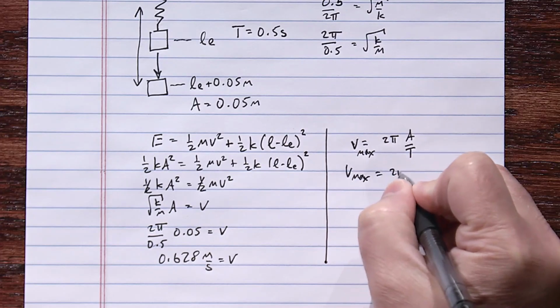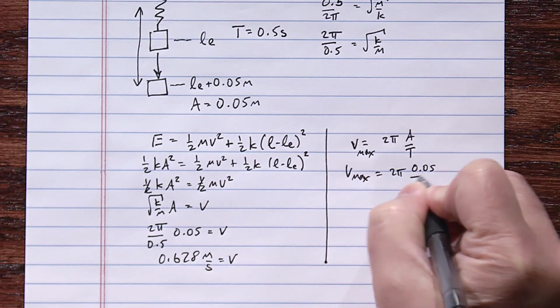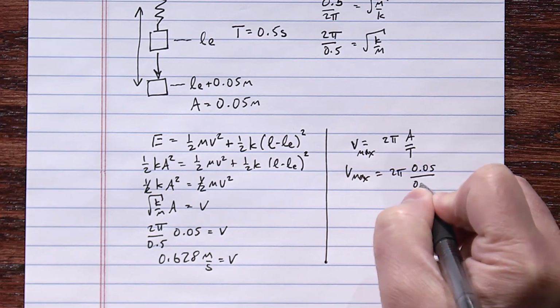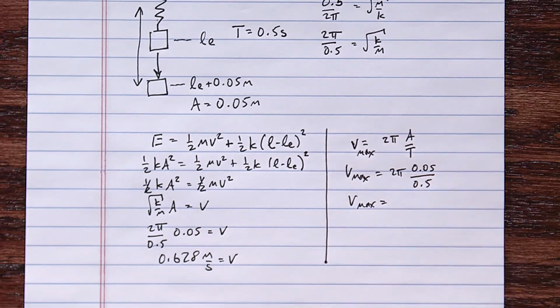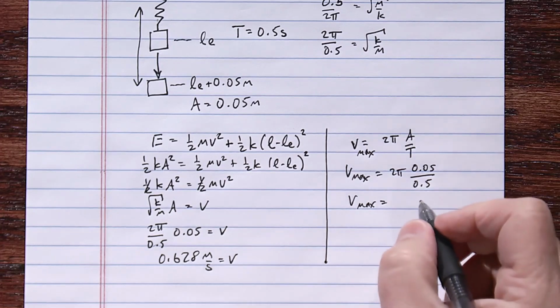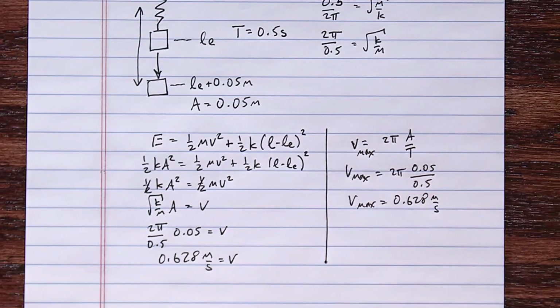And so V max is 2 pi times the amplitude of 0.05 divided by the period of 0.5 seconds, well, I've already calculated that. 2 pi times 0.05 over 0.5 is 0.628 meters per second. So asking what the speed of the mass is at the equilibrium point is the same as asking what is the greatest speed of the object.